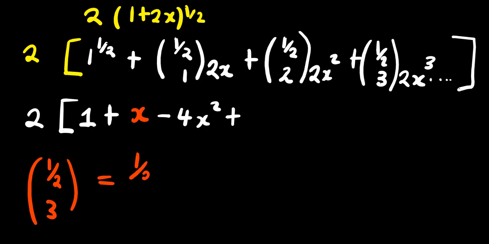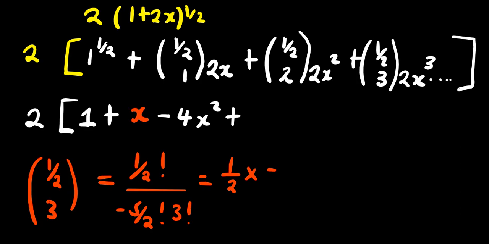1 over 2 factorial over half minus 3, that just gives me negative 5 over 2. So this will be negative 5 over 2 factorial, then we have 3 factorial. So now when we solve this one and we're subtracting, we're going to have 1 over 2 multiplied by negative 1 over 2.